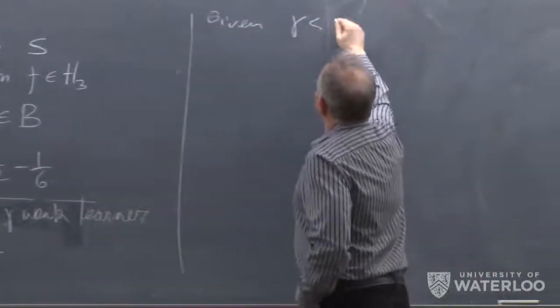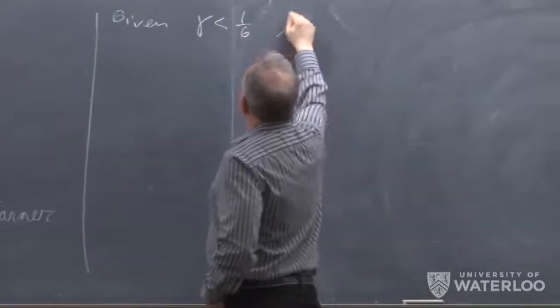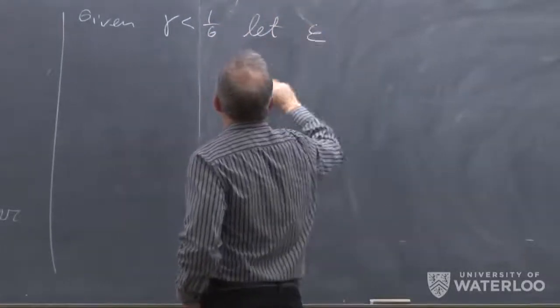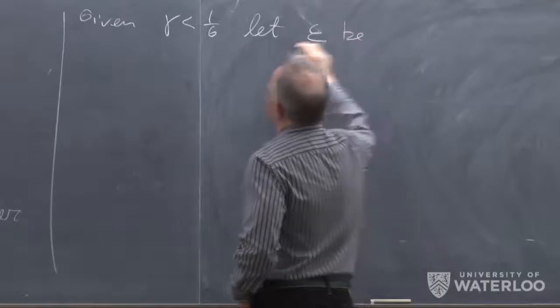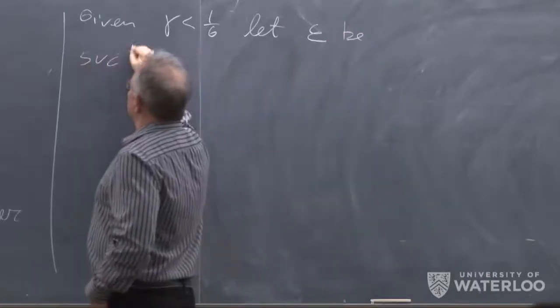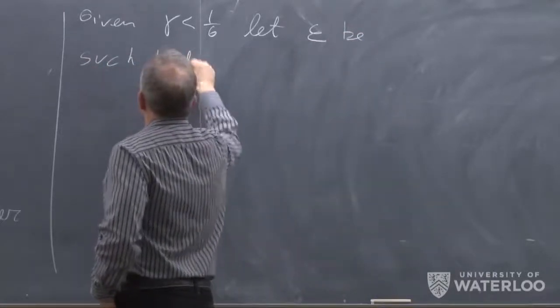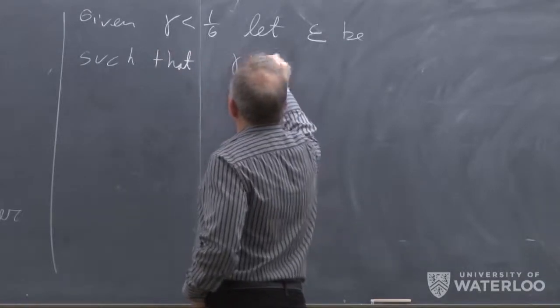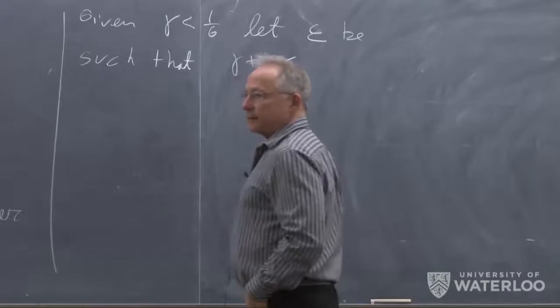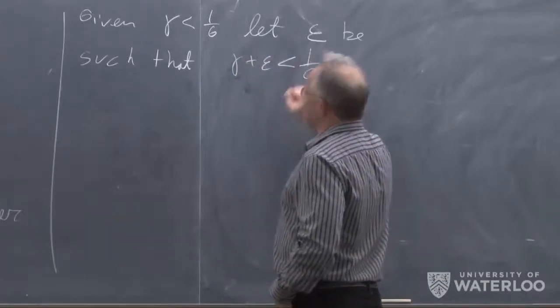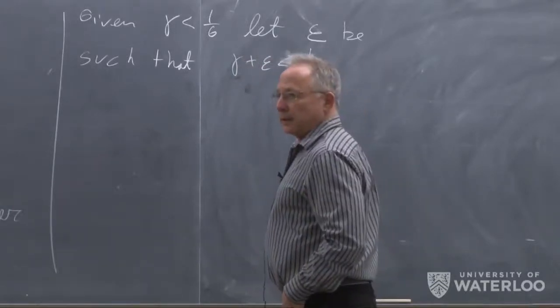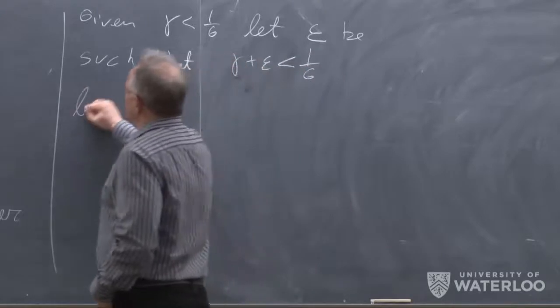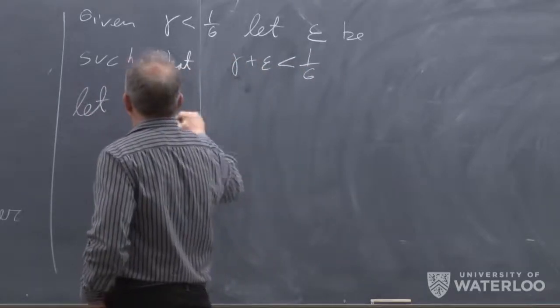Given gamma less than 1/6, let epsilon be such that gamma plus epsilon is less than 1/6, and let m_B of epsilon, delta be the sample size.